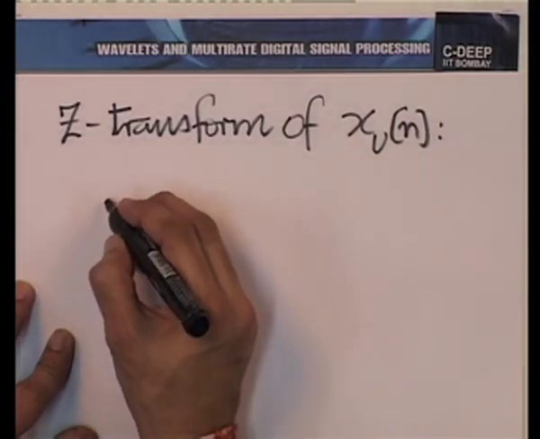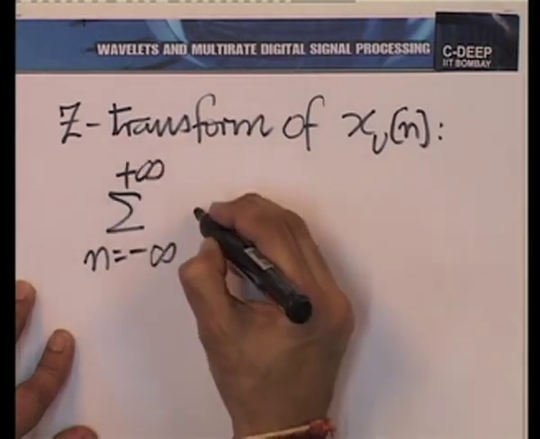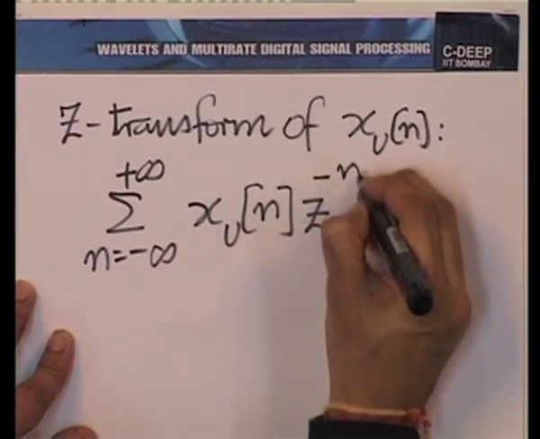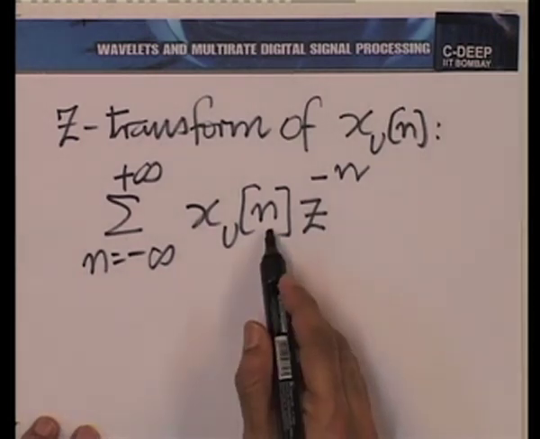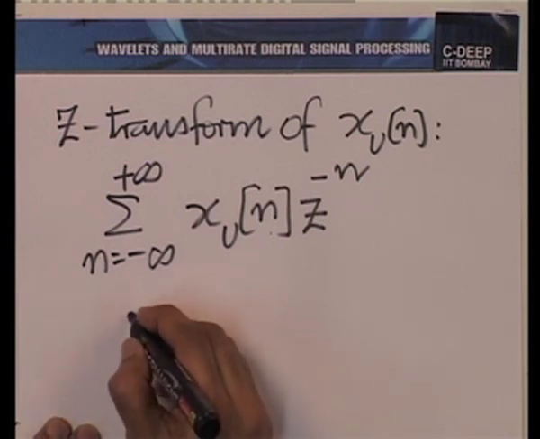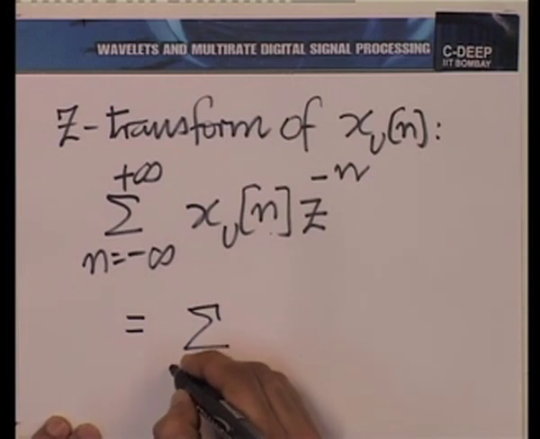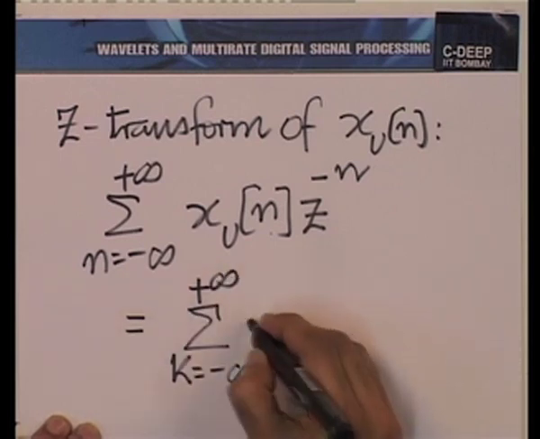That is easy. Summation n going from minus infinity to plus infinity, x u n z raised to the power minus n. And the only catch is, among all these n's, only those n's have a non-zero sample which are multiples of capital M. And therefore, we can rewrite this summation here as summation again, let us say k going from minus to plus infinity, x of k.